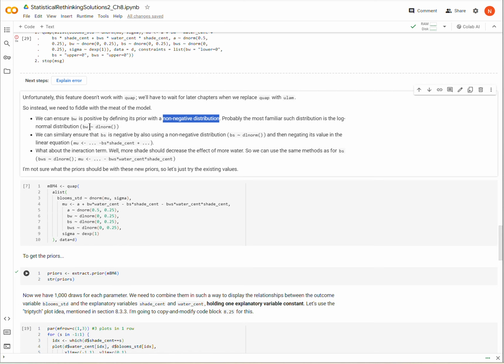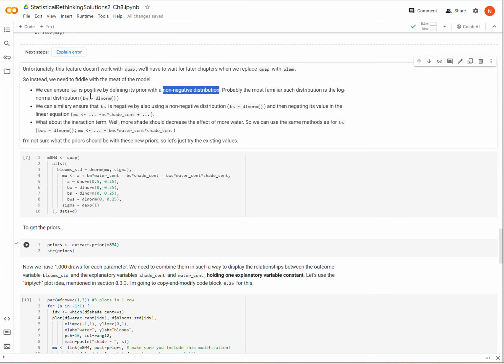Okay, so the command for that is dlnorm. Now for the effect of shade, remember, we want this to always be negative. Well, one thing that we could do is again use a non-negative distribution, the dlnorm, but then in the linear model, to ensure that bS is negative, when we're defining our linear model, instead of adding it, we are subtracting it.